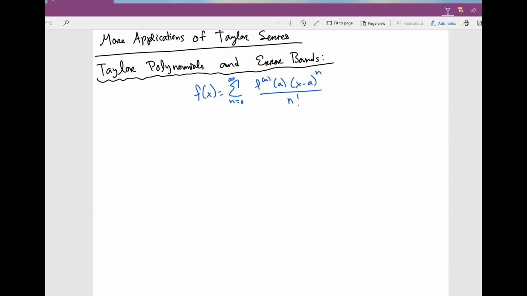So one of the really cool things about Taylor polynomials is the following.